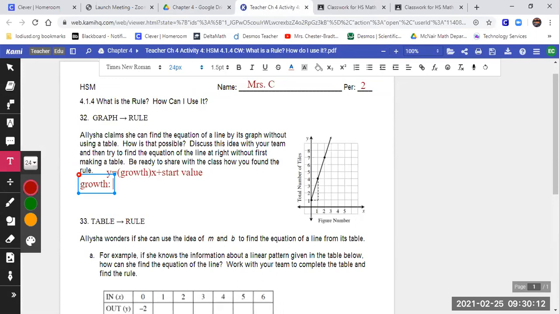Is it that we use the change of X and we use the change of Y? Yes, but how are we using them? Who goes first? What does what?